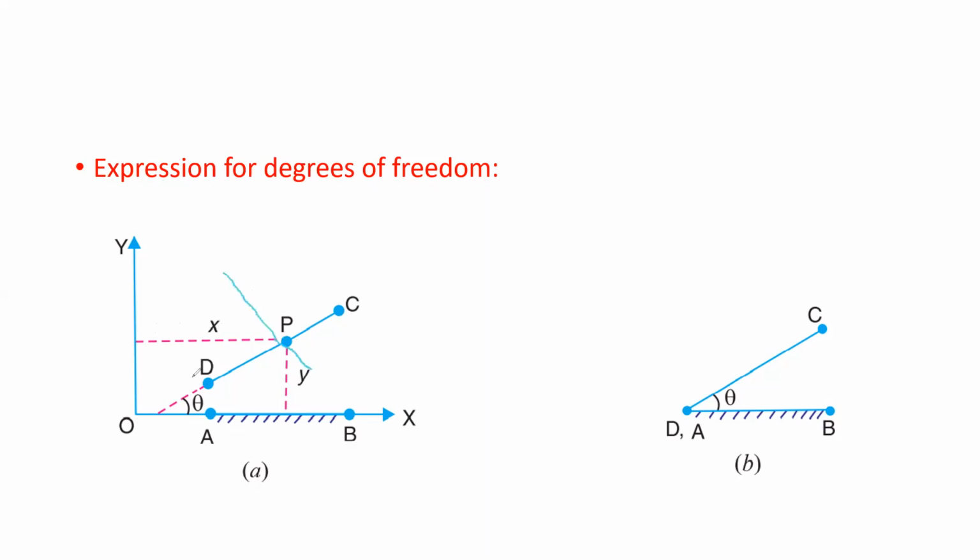If I keep link CD like this, with C here and D here, this condition is still satisfied: the point has the same coordinates X and Y, but the orientation is different. So to completely define the configuration of the link, I need one more variable, that is theta.